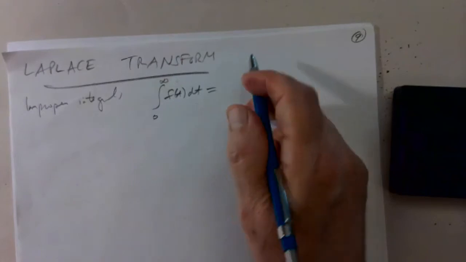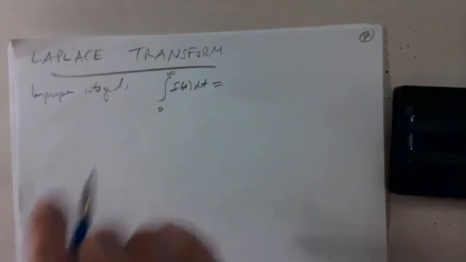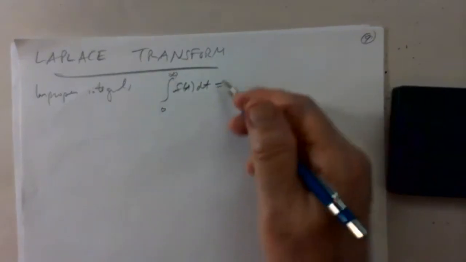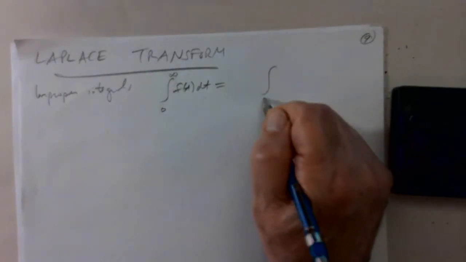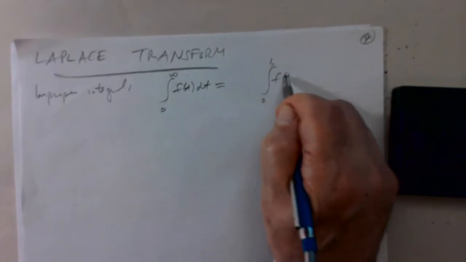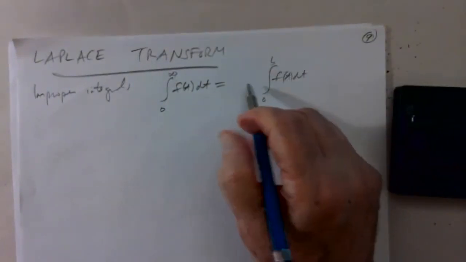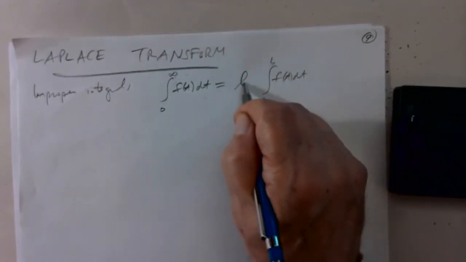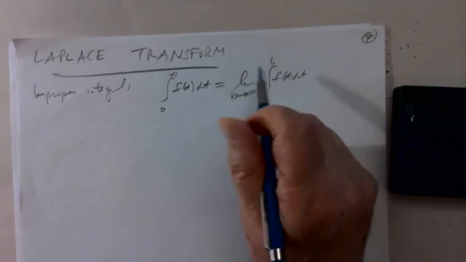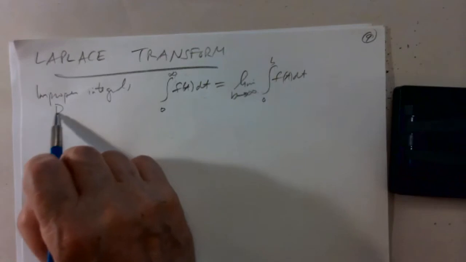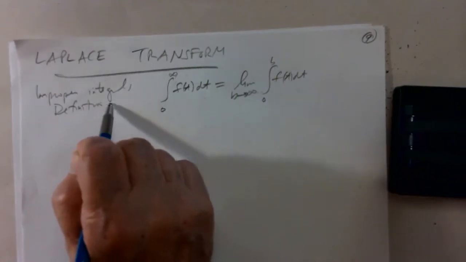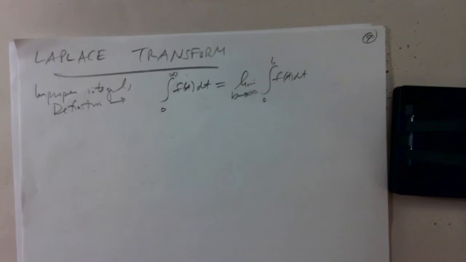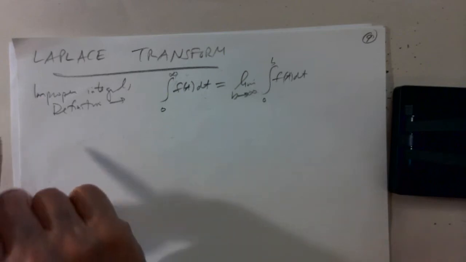Why is it improper? Because it's an infinite interval of integration. You define integrals over finite intervals, like an integral from 0 to b of f of t dt. So you take the integral from 0 to some positive number b, calculate this integral if you can, and take the limit as b goes to infinity. And this is the definition of this kind of infinite improper integral. It doesn't necessarily exist, but if it does, you found it.